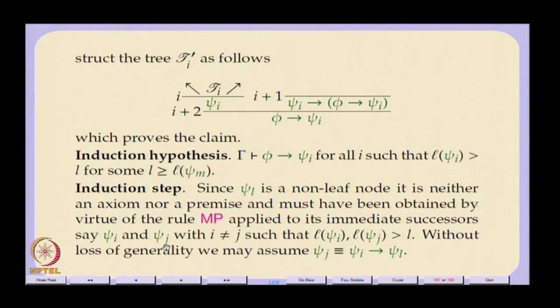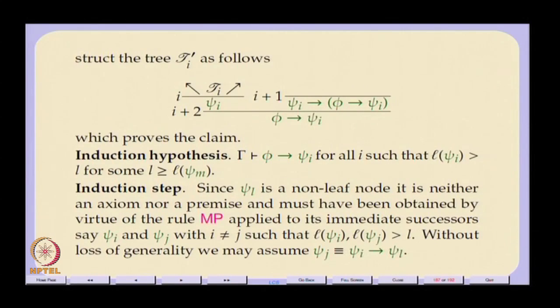target steps i and j which enabled you to do a pattern matching and substitution according to the rule MP, right. Okay. So, there are some psi i and psi j such that, without loss of generality, I am just assuming that psi j is of the form psi i arrow psi L, otherwise you could not have concluded psi L using modus ponens, right.